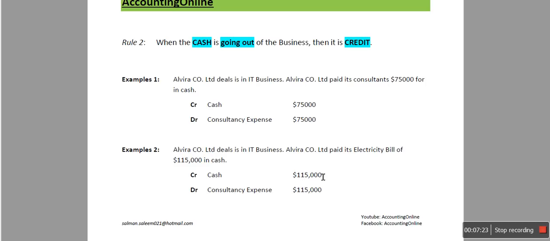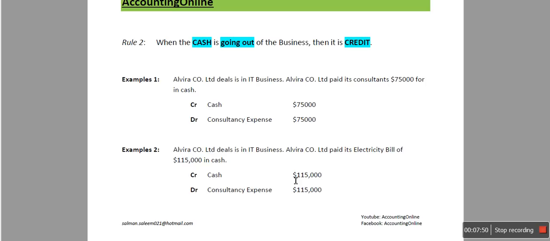The amount is $115,000, and the company is paying because of the electricity bill. Sorry, I should have written electricity bill here, but I made a mistake. You can write electricity bill or utilities expense. So debit utilities expense or electricity expense for $115,000 and credit cash for $115,000.